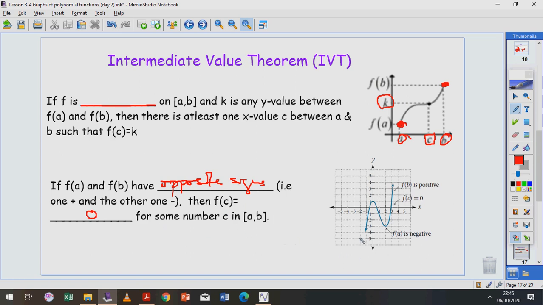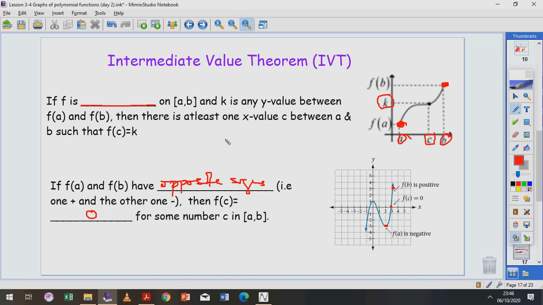What does that mean? Using this graph here, f of a is negative, f of b is positive. If the signs of these two are opposite, one positive and the other negative, then surely there must be a value of the function where that function touches the x-axis.